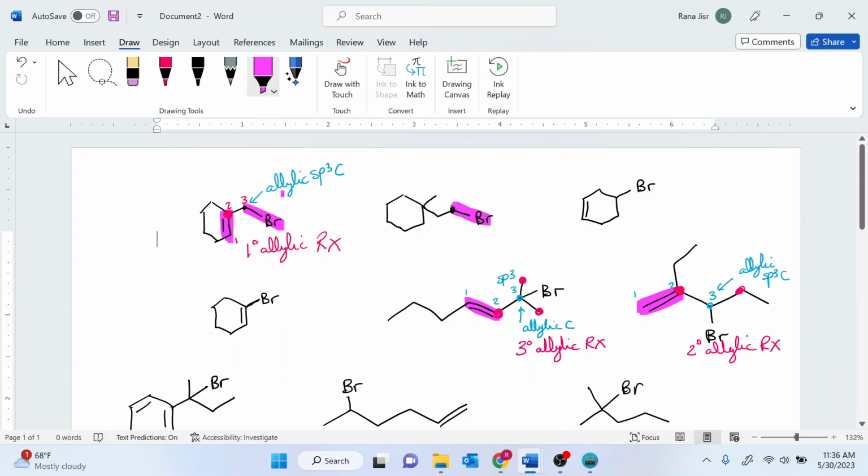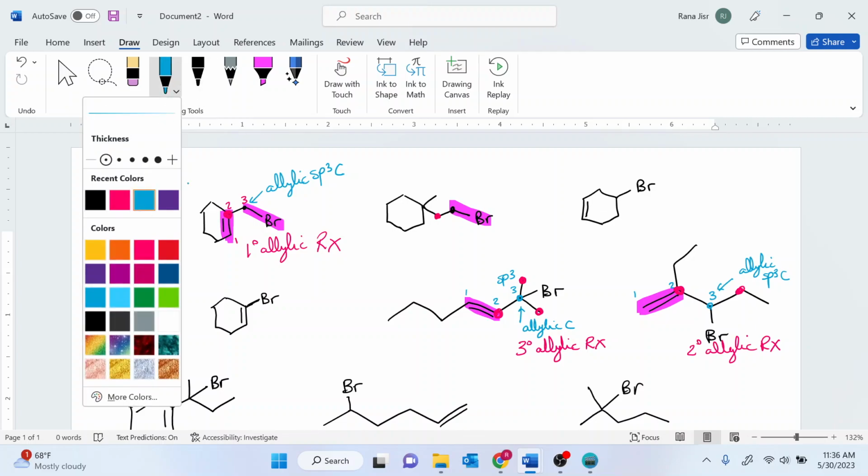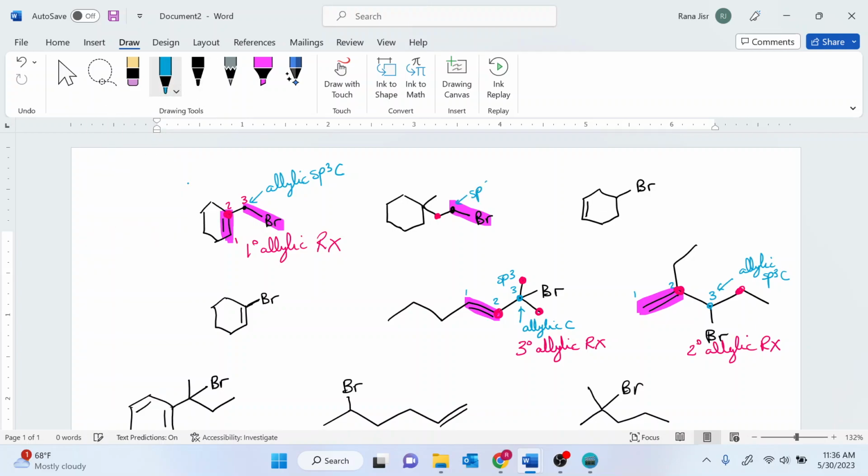This is my alkyl halide in there, and the carbon is connected to 1 carbon. This is my sp3 hybrid carbon here, and it's connected to 1 carbon. So this one is a primary alkyl halide. Now notice for this example here, the double bond is far away from the carbon that is connected to the alkyl halide. Because if I start numbering from here, this is going to be 1, 2, 3, and 4.